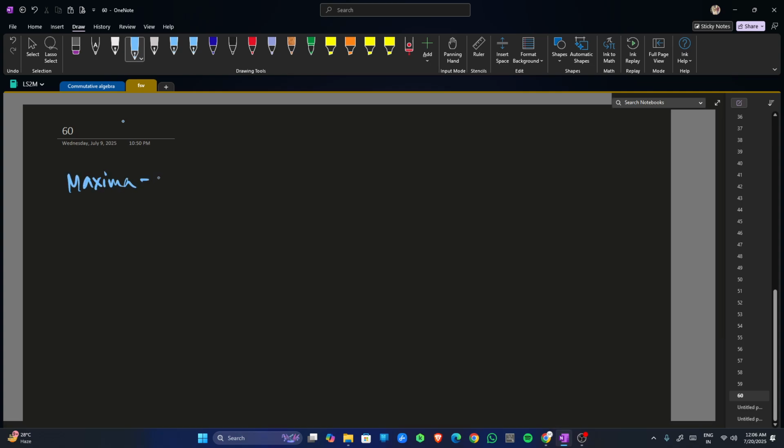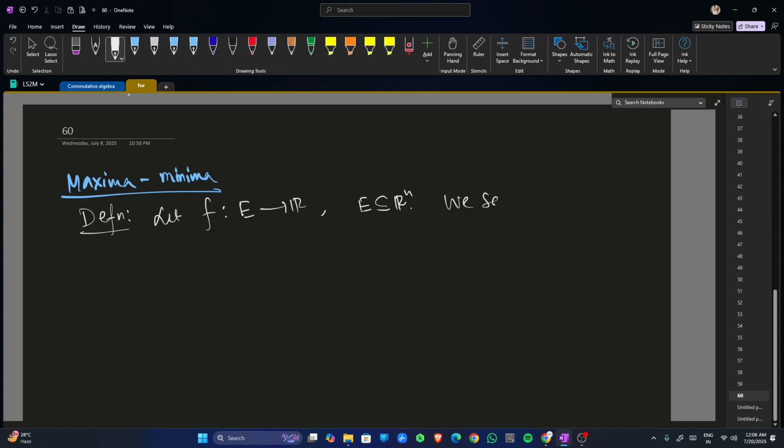Now we will do some maxima and minima. Definition. Let f be a mapping from E to R. We say f has a local maxima.